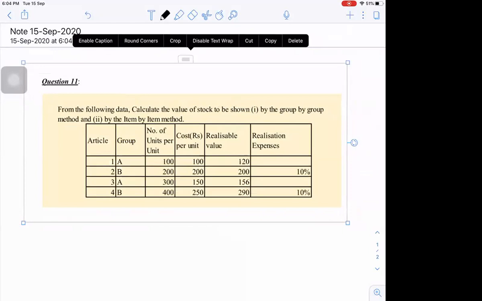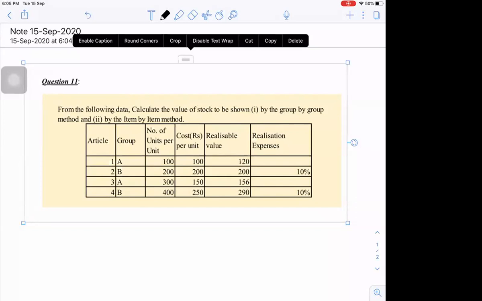From the following data, calculate the value of stock to be shown by the group by group method and the item by item method. So there are 6 columns and 5 rows. Each column has article, group, number of units, cost per unit, realizable value, realization expenses. The articles stand 1, 2, 3, 4.